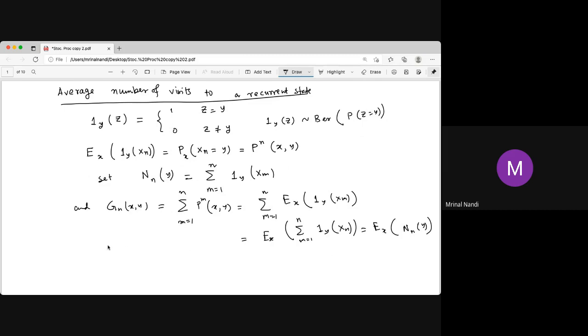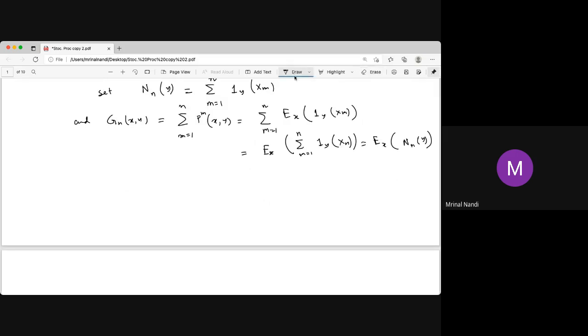So it is the expected number of visits of the chain to y. G_n(x,y) is the expected number of visits of the chain to y. Why is it so?